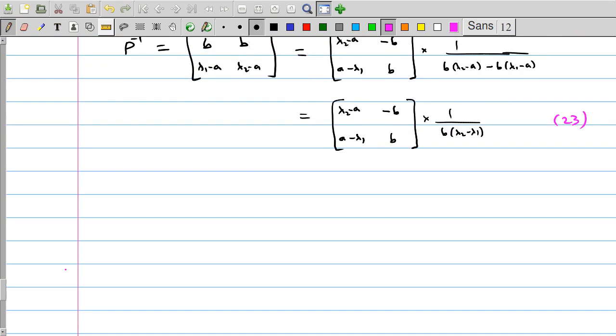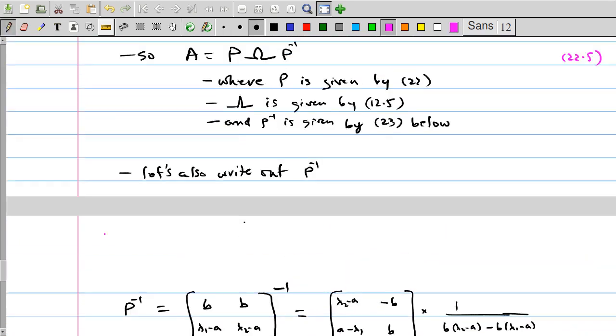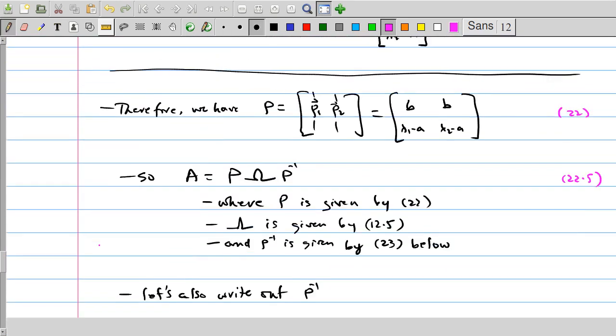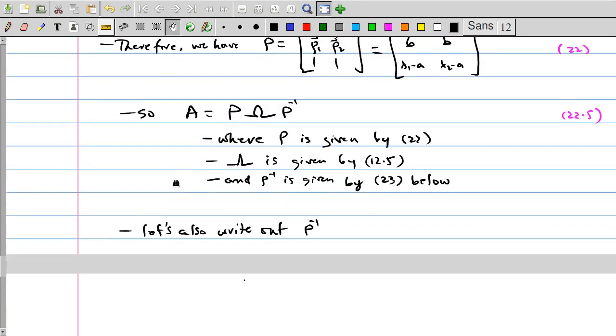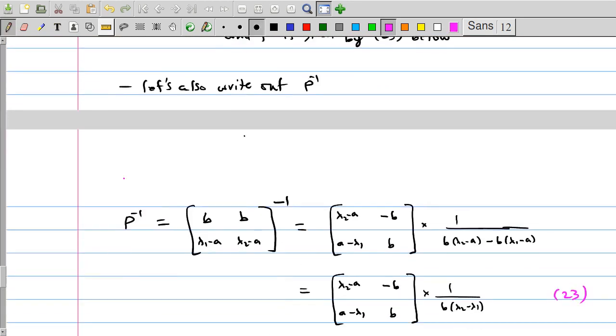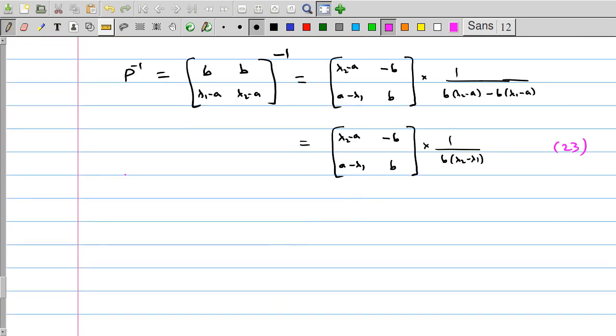Okay, so here we have it. So let's write out the whole thing in gory detail now. This is a 2x2 general formula. Life is going to be really good from now on, because we just use this general formula and never go through this derivation ever again. Sounds good.